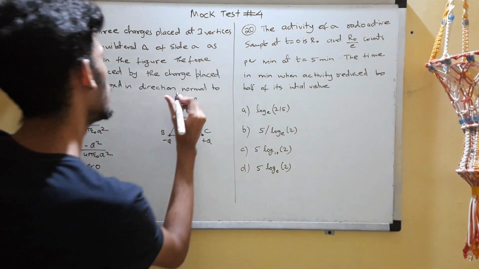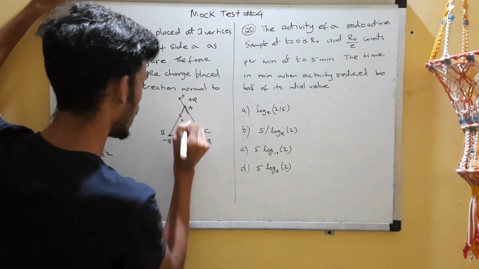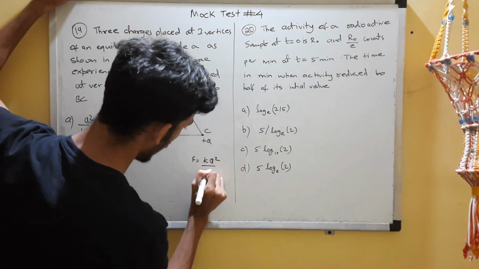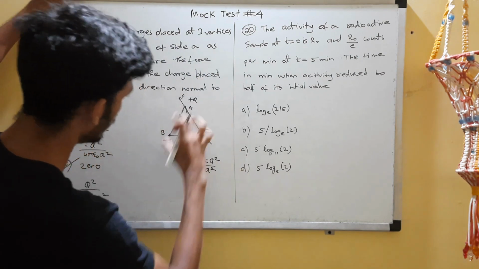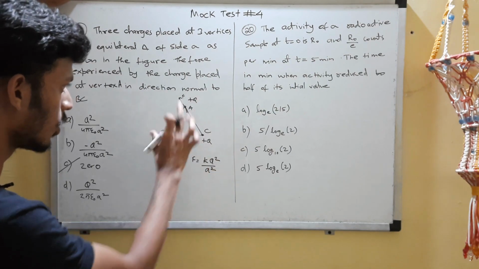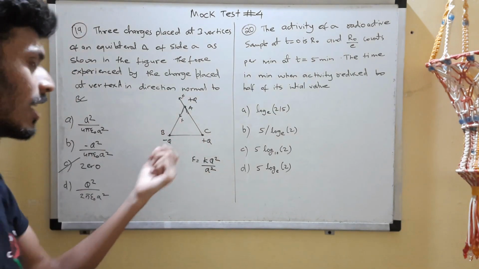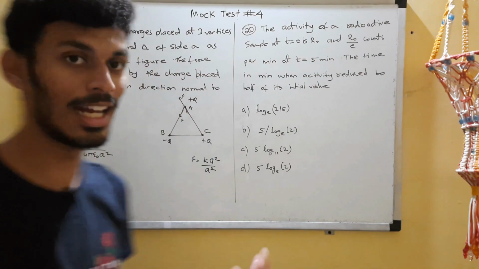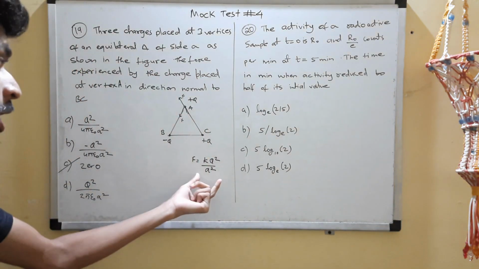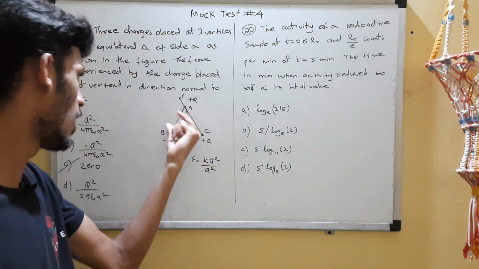These two forces will have the same magnitude: F will be kq squared by a squared, since the distance is the same, a, and the magnitude of charge is the same, q. Although the sign is negative, the sign just shows the direction of the force, here towards and here away. So magnitude wise the forces are the same, F and F.